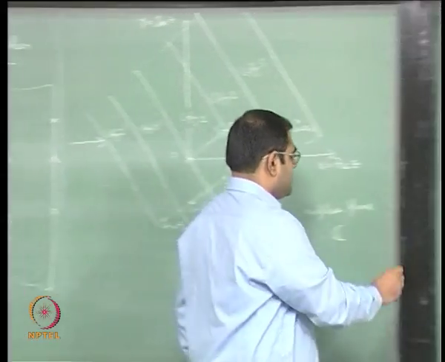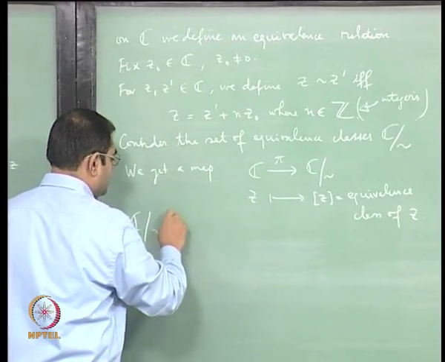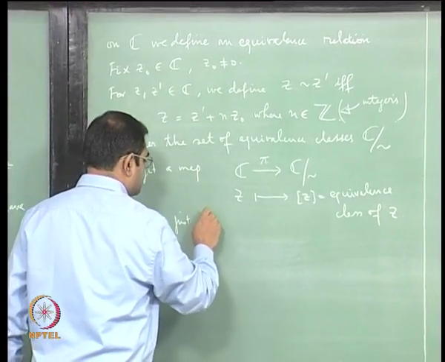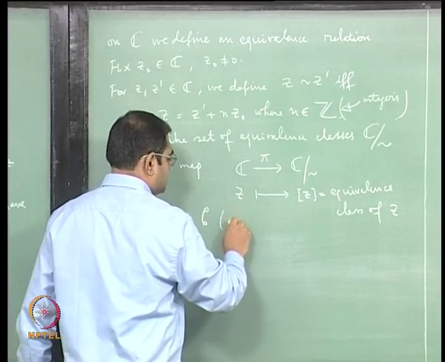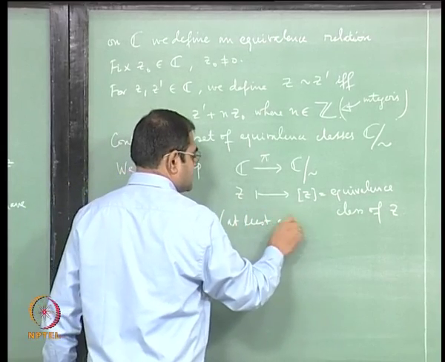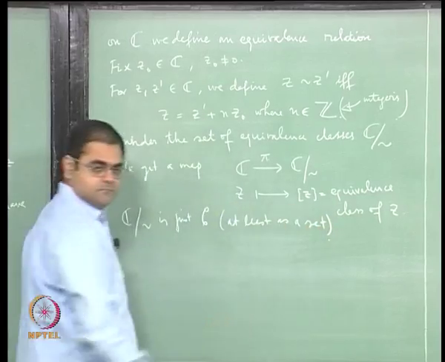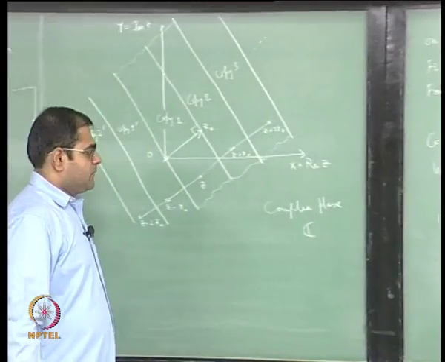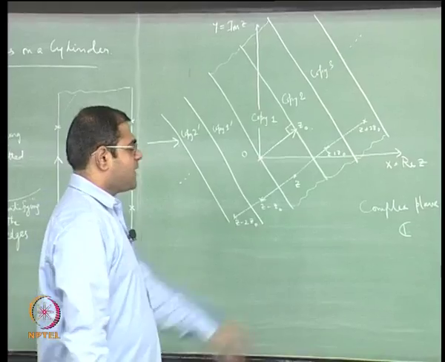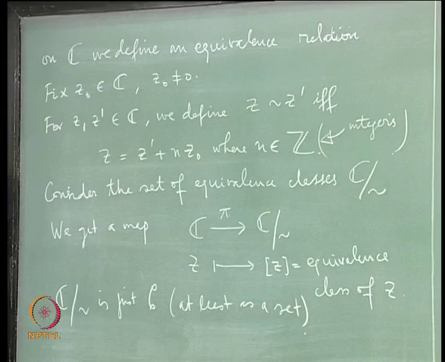So C mod tilde is just the cylinder, at least as a set, and that is because it can also be seen in another way if it makes it clearer for you.